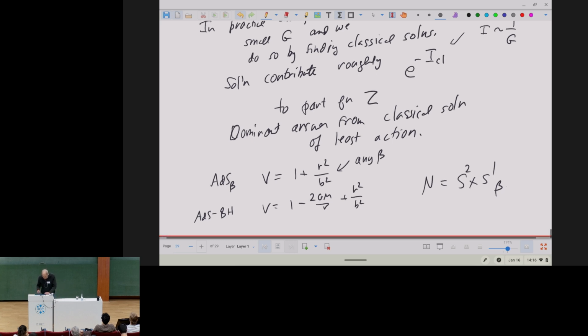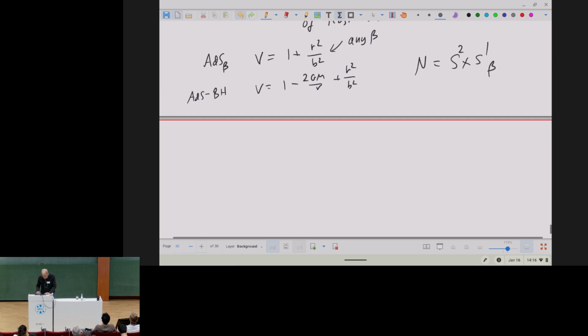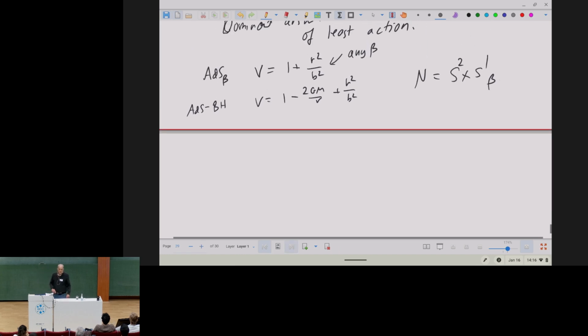The second one, the number of values of m that gave a given beta was either 0 or 2, depending on beta. But in the case when there were 2, only one of them was good. So in some range of beta, for beta less than beta naught, this solution exists. And this one exists for any beta.